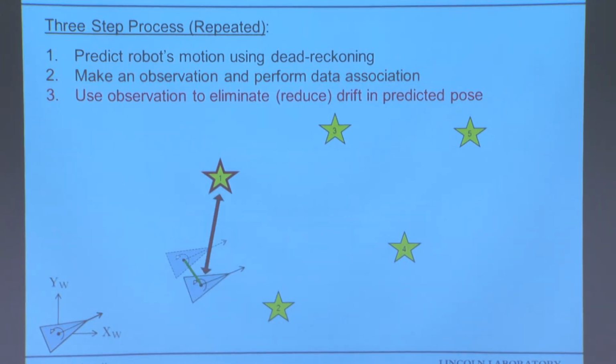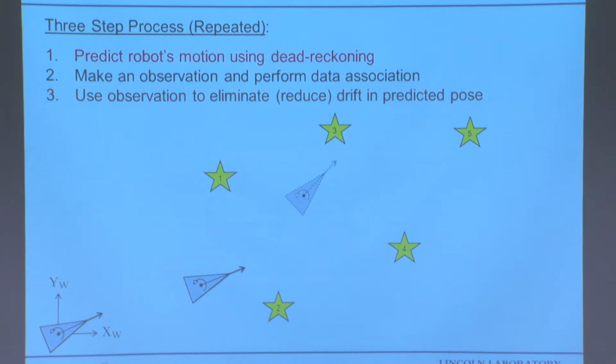And then we use that sensor measurement to correct the error inside of our dead reckoning. So the sensor measurement did not make sense if our robot was actually positioned in that dashed location. So we adjust the robot's location to where that sensor measurement actually makes sense.